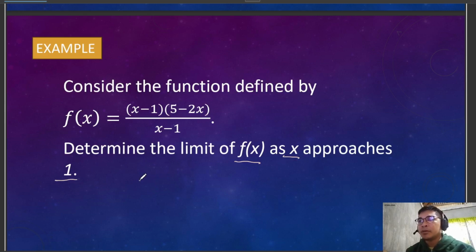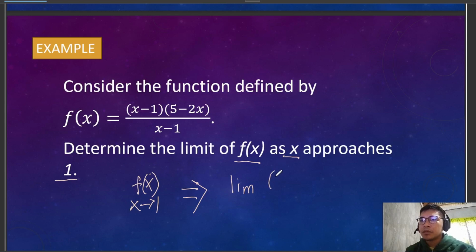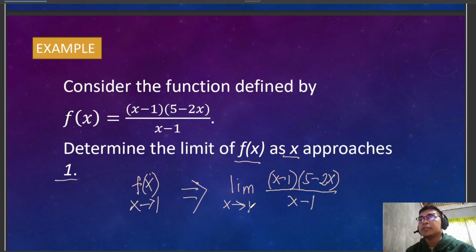So here we have f of x as x approaches 1. Or it can be written as the limit of the quantity x minus 1 times 5 minus 2x all over x minus 1 as our x approaches 1.